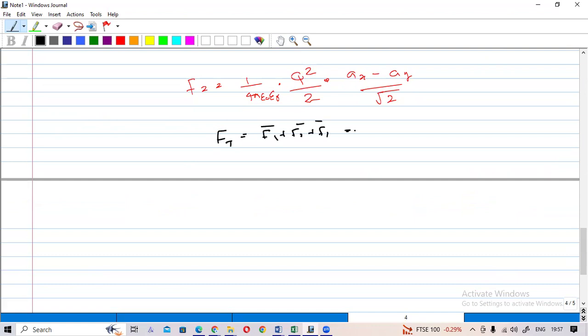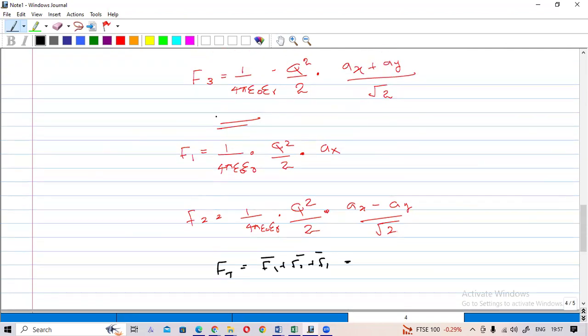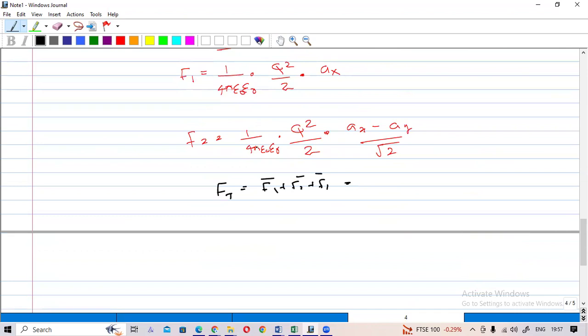So all these terms are same, this 1 over 4 pi epsilon naught epsilon r, Q square.